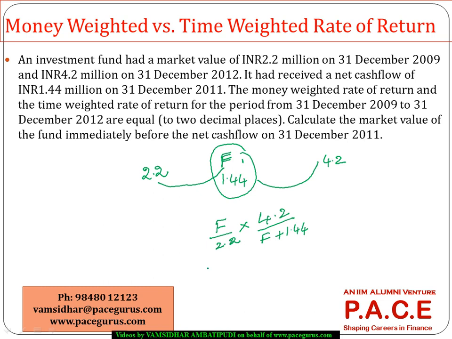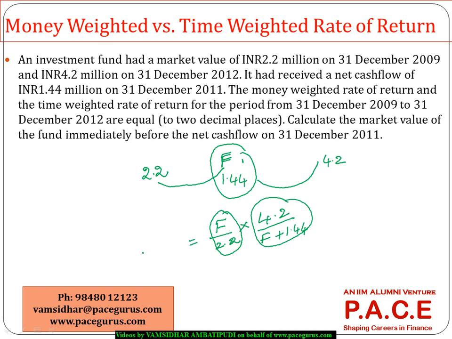Take that as a unit. Find out the final value versus the initial value. Because the cash flow got added only once during this entire 3-year period, I am considering the period before the cash flow and the period after the addition of the cash flow. So 2.2 might have generated some F, and the 1.44 added to F has generated 4.2.